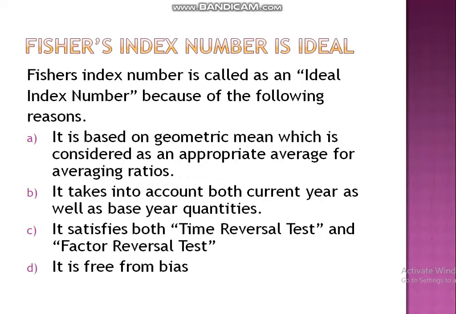You will be studying about these tests in further classes. Then lastly, it is free from bias. So these are the four reasons why we call Fisher's index number an ideal index number: it is based on geometric mean, it considers both current year and base year quantity, it satisfies time reversal test and factor reversal test, and lastly it is free from bias.